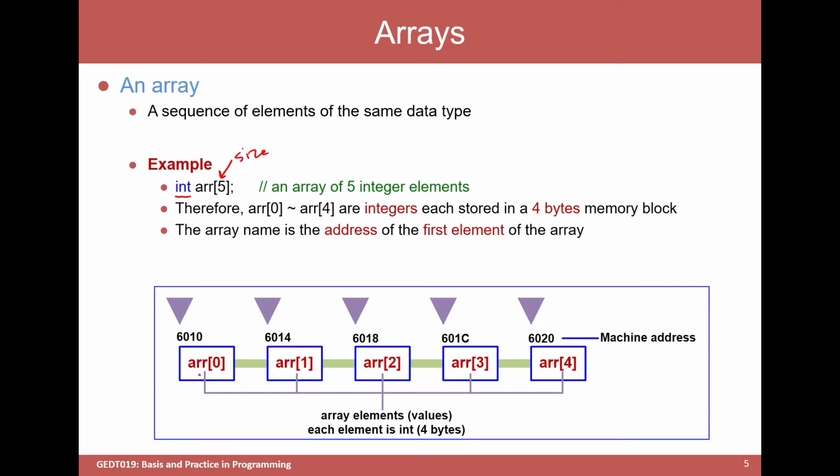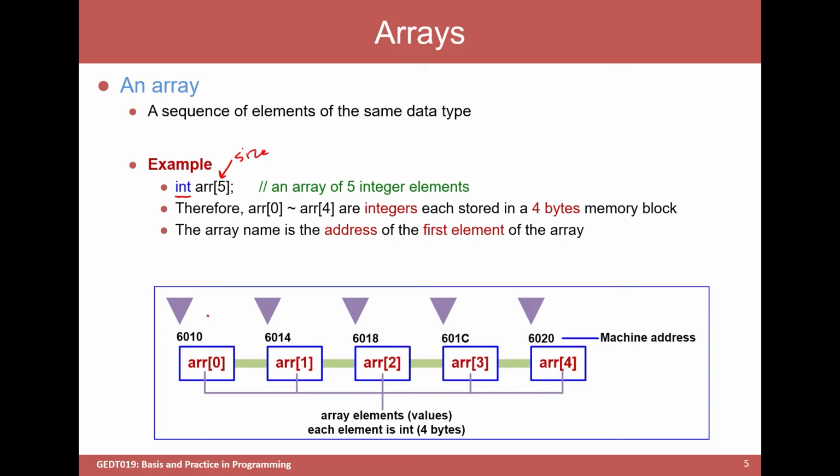Those elements will be like this: array element number 0, element number 1, element number 2, element number 3, and element number 4. Each element in the array will be one integer, and usually an integer size is 4 bytes.